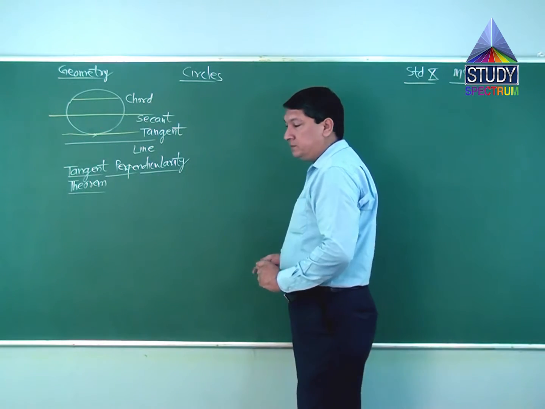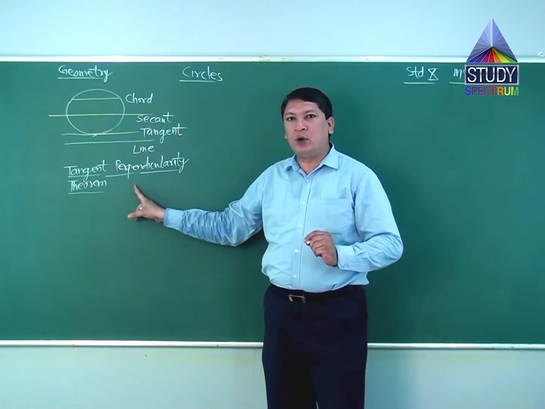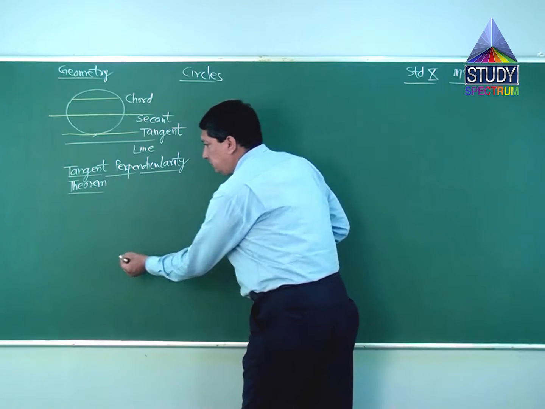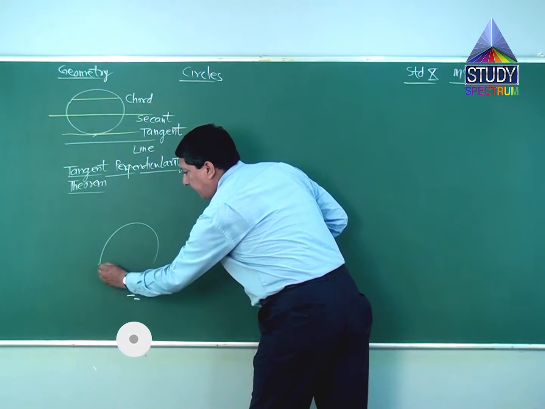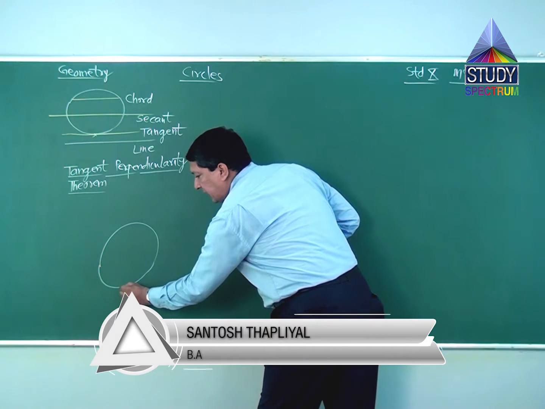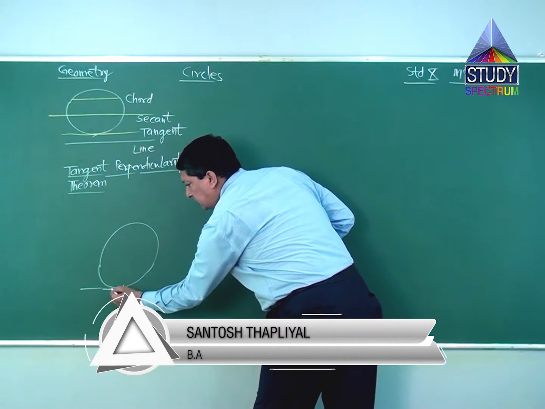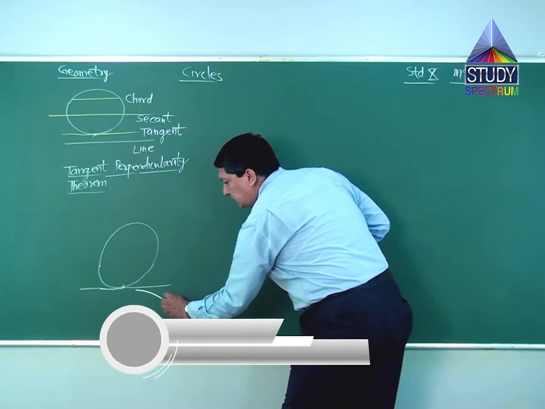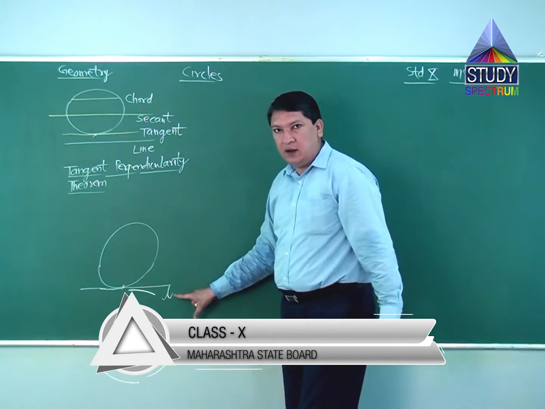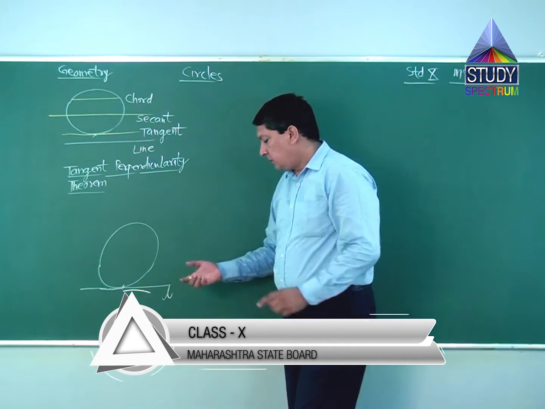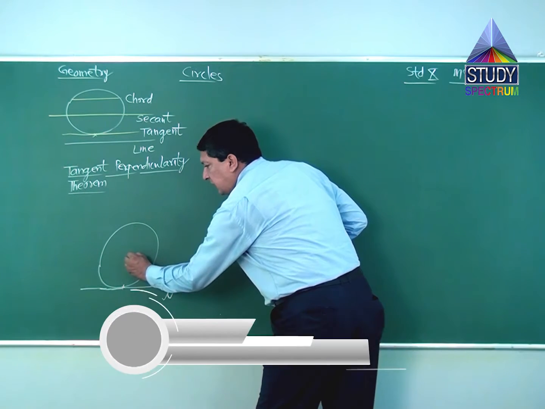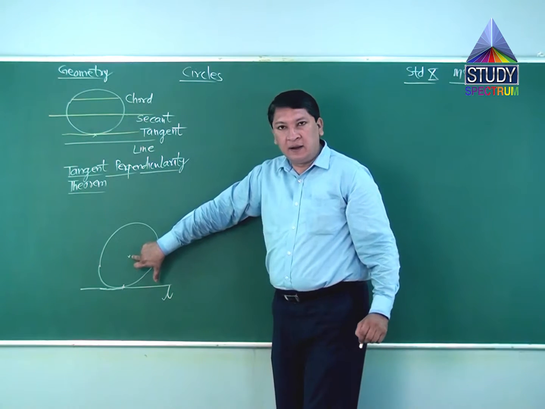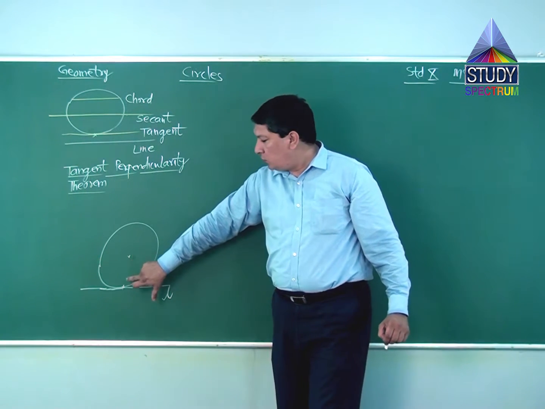Now this theorem says that a tangent at any point on a circle is perpendicular to the radius through that point. This means that if there is a circle and in this circle I am drawing a tangent, which is just touching the circle at one point, and I name this tangent as line L. Now as per this theorem, this tangent will be perpendicular to the radius, and we all know radius is nothing but a line drawn from the center of the circle to the circle.